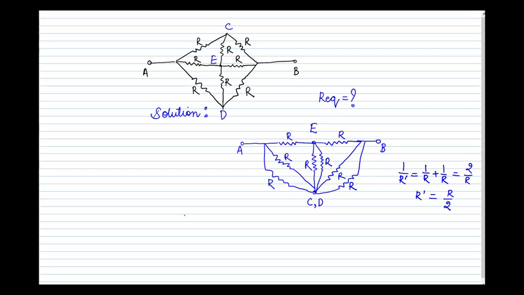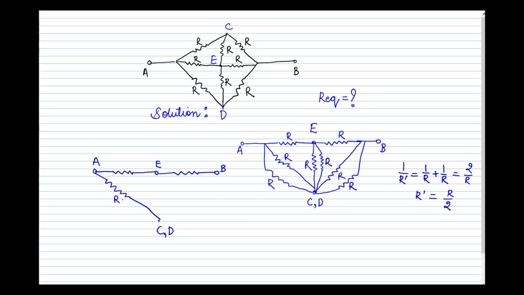So now we can make it much easier. This is point A. This is point E. And this is point B. And here somewhere we have points C and D. So between A and C or D we have R by 2.